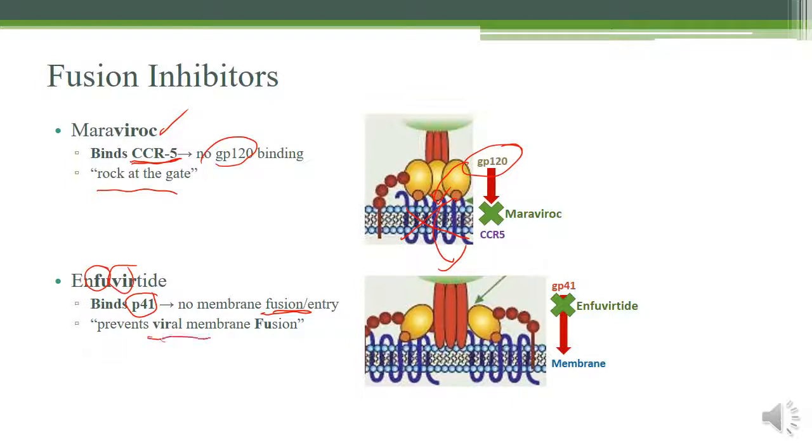So that's just a very good way to remember that. And over here I've showed you, here's the GP41 over here, and what it's doing is it's encouraging the fusion of the membrane of the virus, which is found over here, with the fusion of our membrane over here, and this allows the virus to just sneak into our white blood cells.